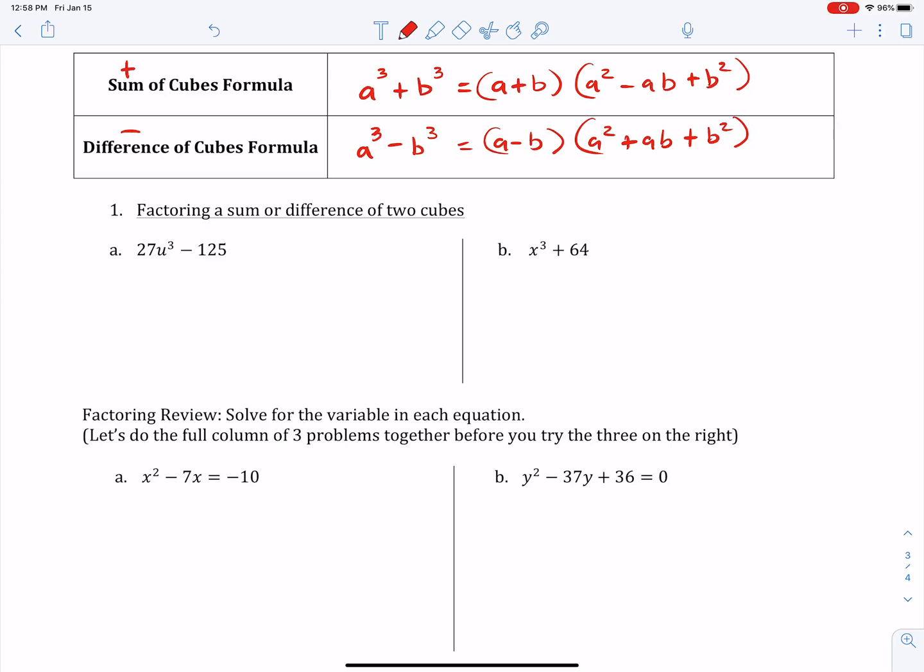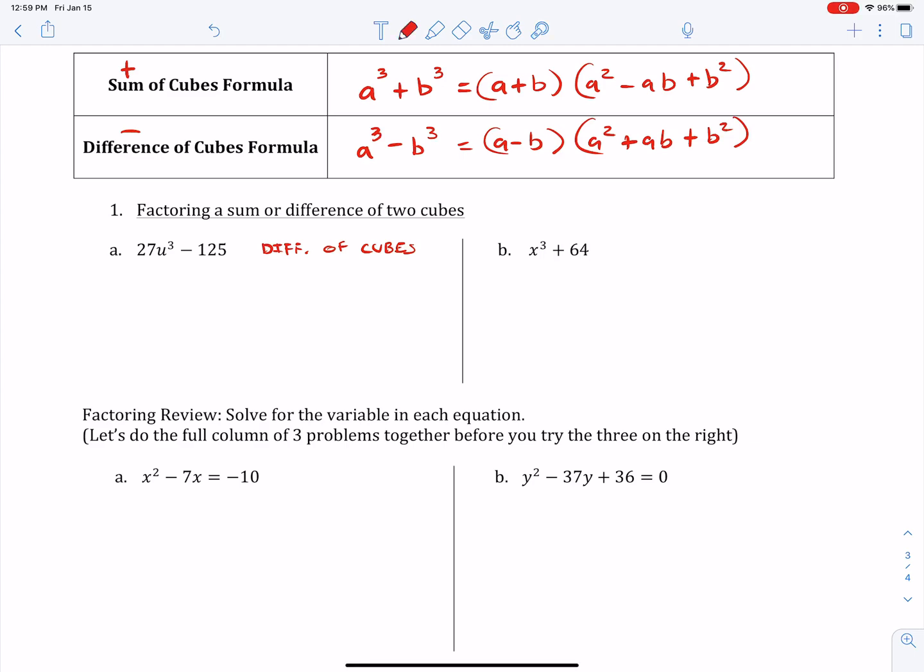So number one says factoring a sum or difference of two cubes. Well, this one, I need to wonder, is it sum or is it difference? This one is difference of cubes. And again, I know that because it has a minus sign. It tells me that it's the difference.